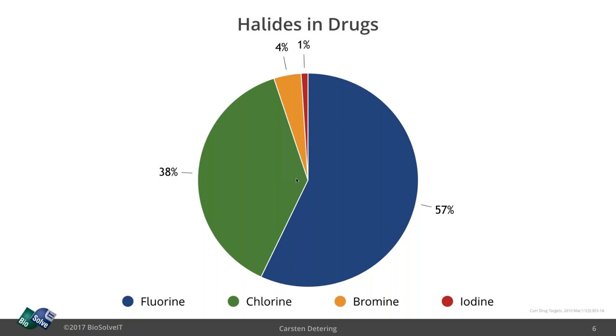But just recently, publications have been indicating that halogen atoms are introduced to deliberately form these so-called halogen bonds, and one is hoping that this type of interaction would increase affinity.